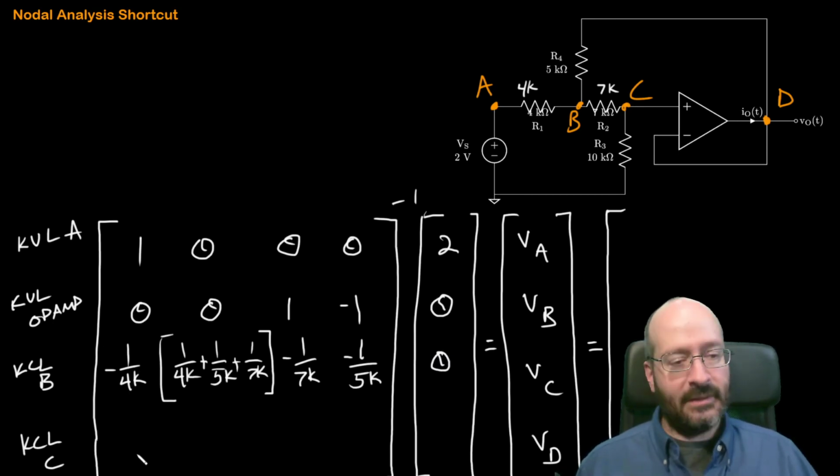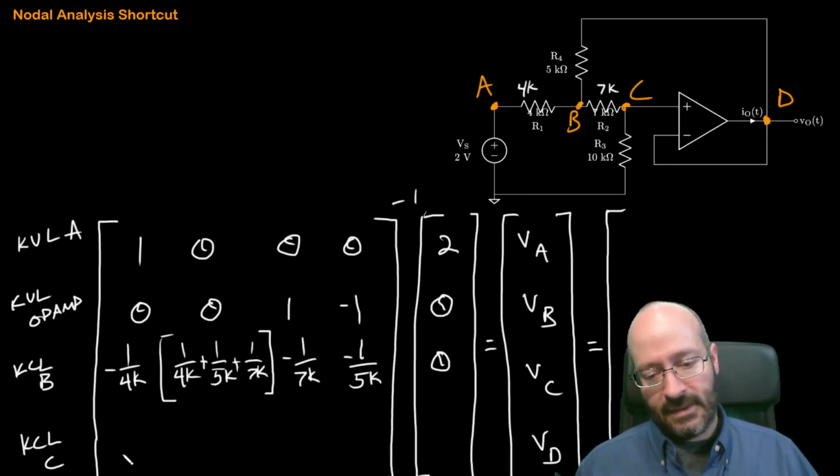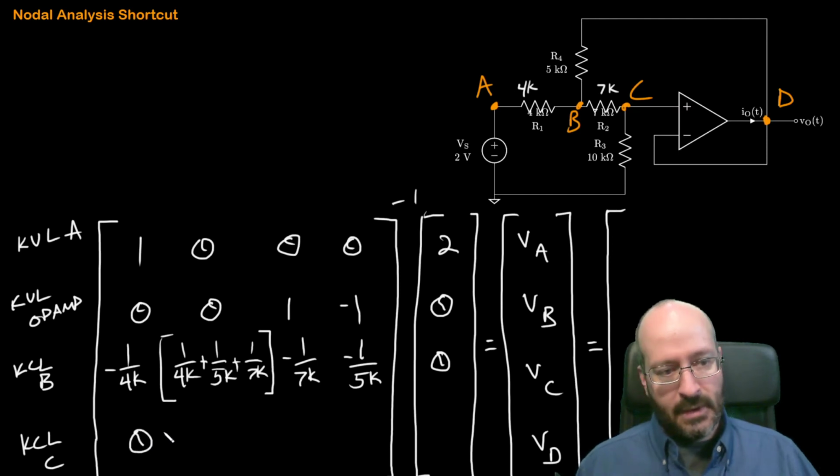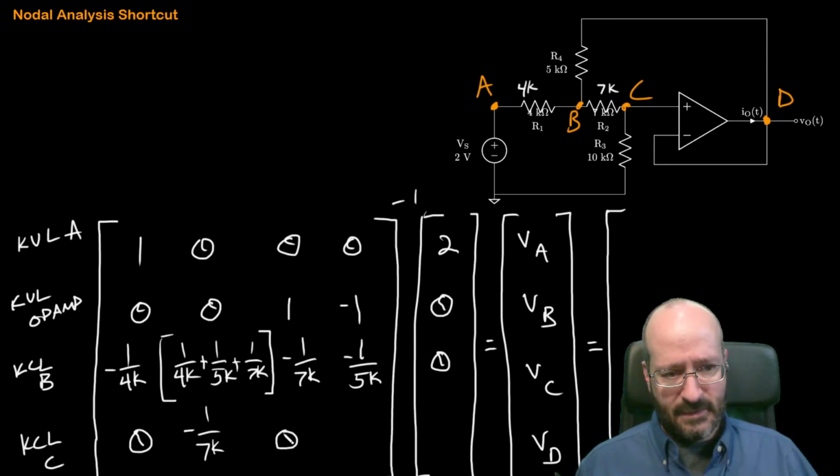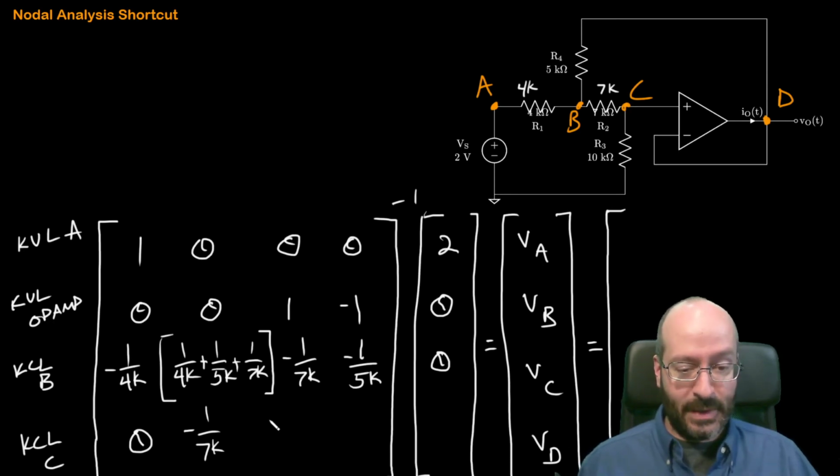All right, KCL for C. What's connected to C that's connected to A? Nothing. What's connected to C that's connected to B? The 7K. What's connected to C that's connected to D? Nothing. Oh, nope. Wow, 2 and 1, like in so many minutes.